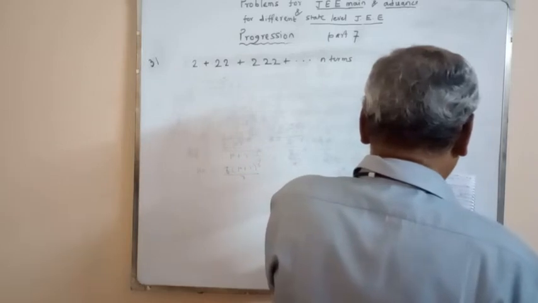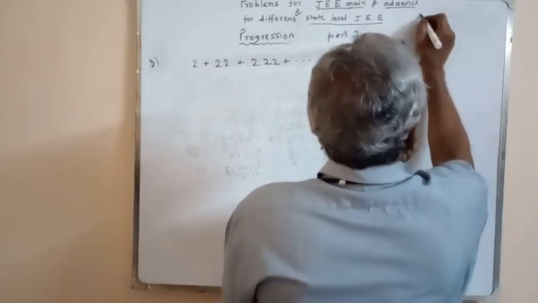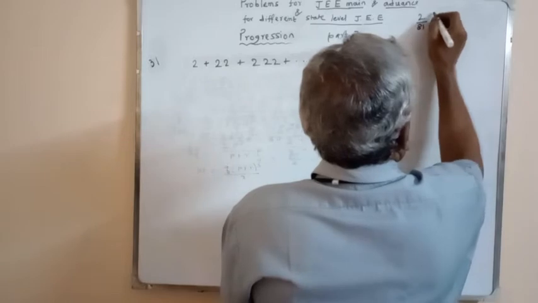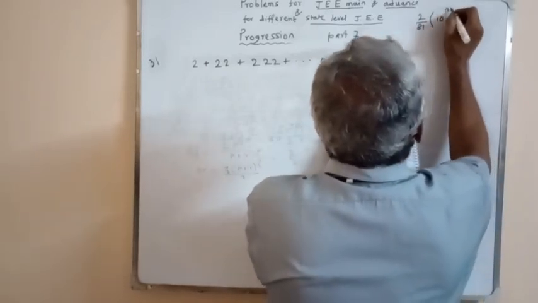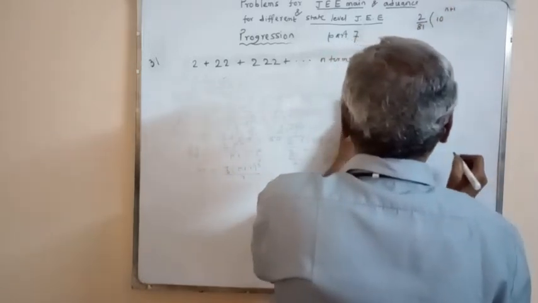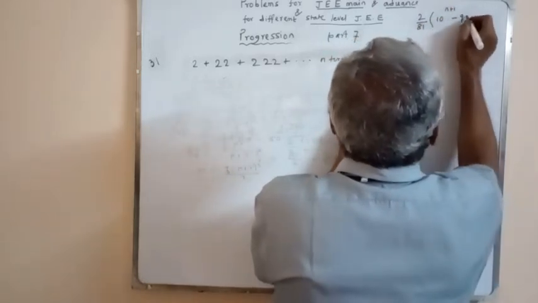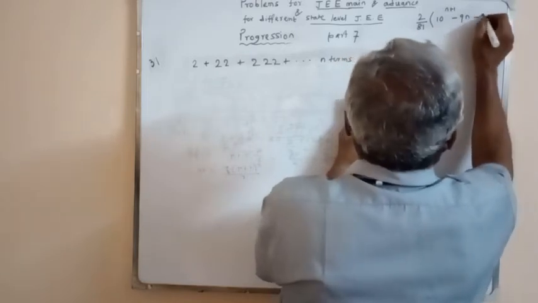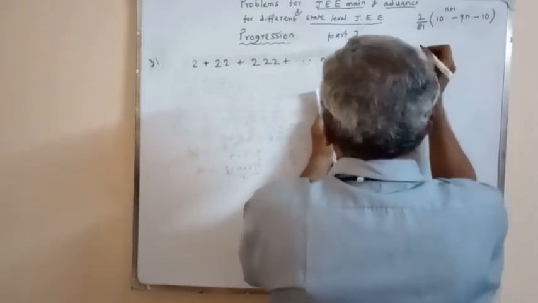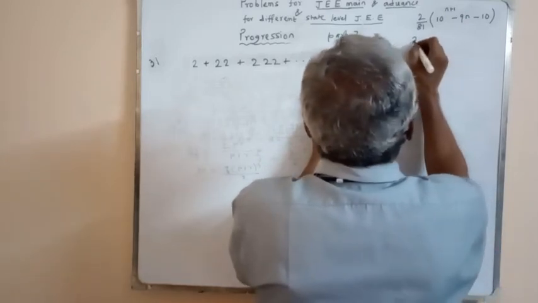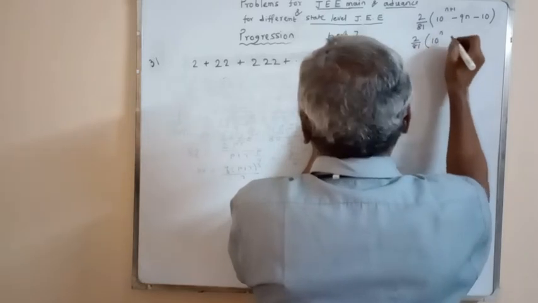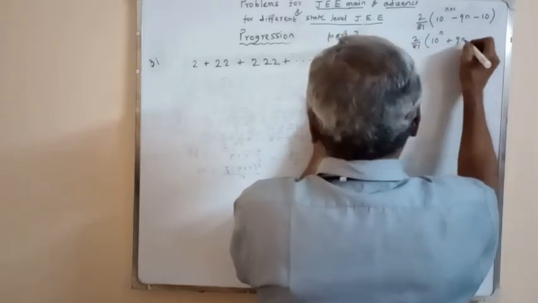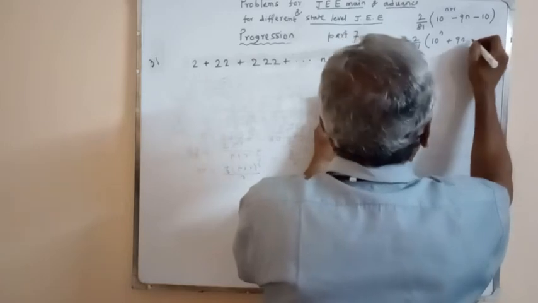Options: first, 2/81 into 10 to the power n plus 1 minus 9n minus 10. Next option is 2/81 into 10 to the power n plus 9n plus 10.